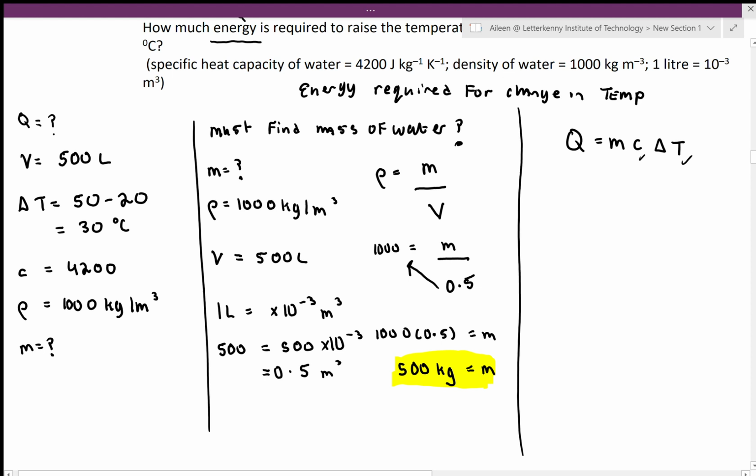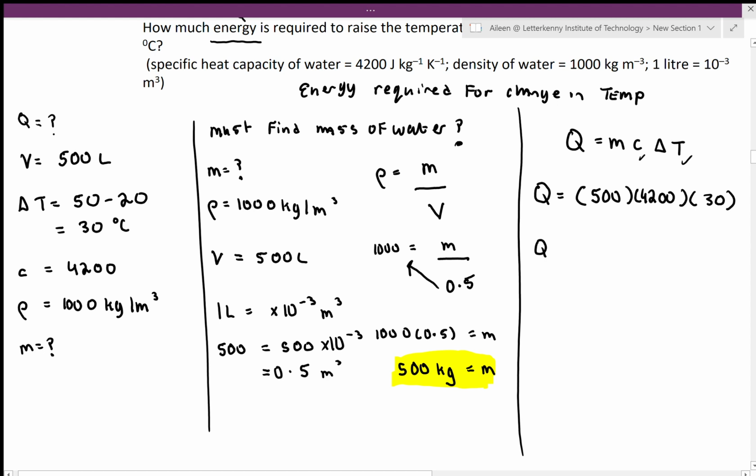So now I need to find my energy required. So my energy required, Q is equal to mc delta T. Q is equal to 500 times 4,200 times my change in temperature of 30.